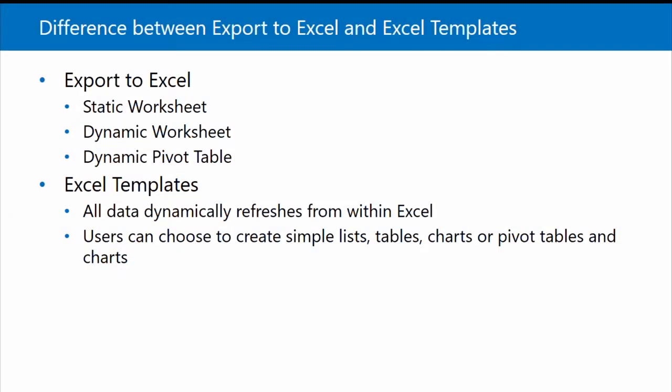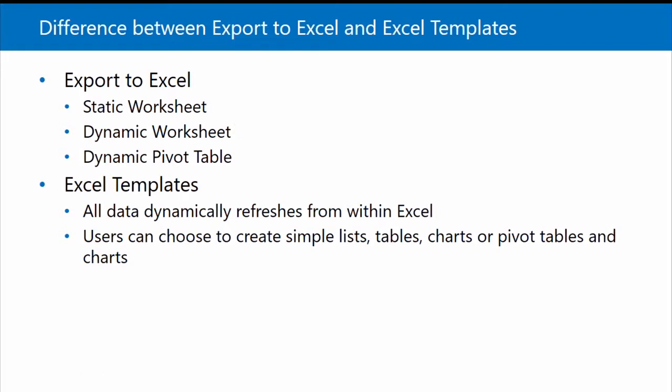So as we talked about, we really have two different ways to work with the data within Microsoft Excel coming from the Dynamics 365 environment. We have the ability to export to Excel using one of four different formats. We looked at how we can export using static worksheets, which will just give us a snapshot of the data that we're working with.